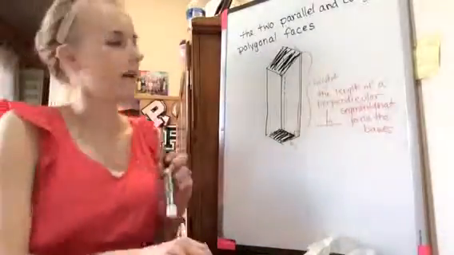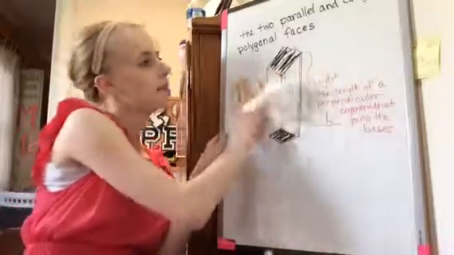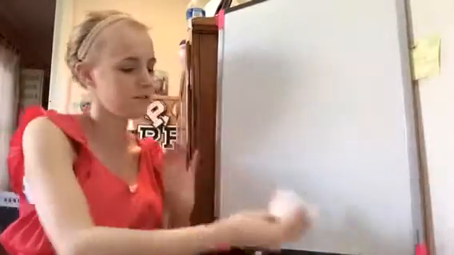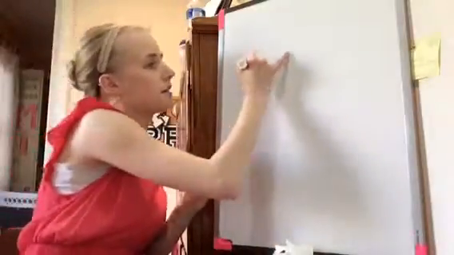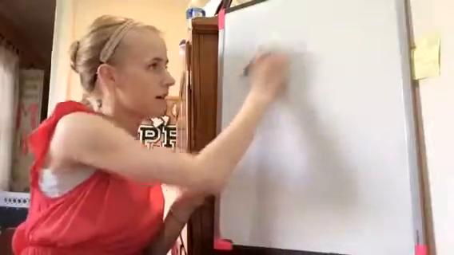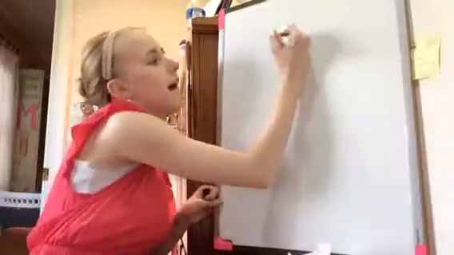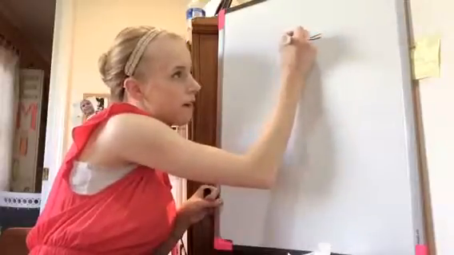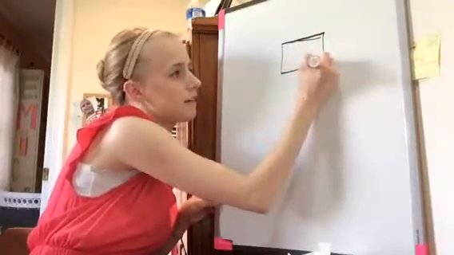All right, and finally, we're getting there. I'm going to erase this so we don't get confused. We're going to talk about a cube. Now, if you've been in Miss B's class long enough, you know that I have a Rubik's Cube. That's a little fun shape I pull out every now and again to play with.